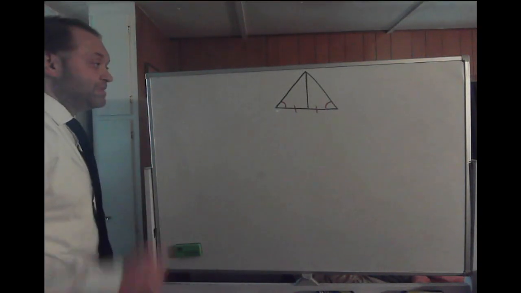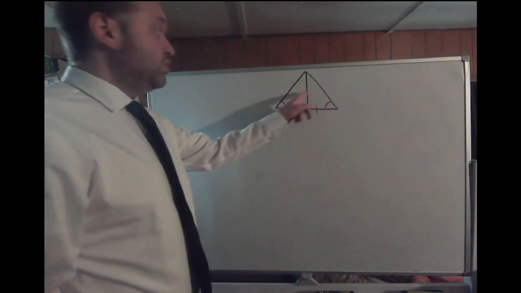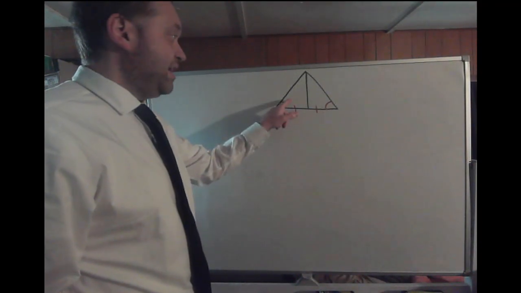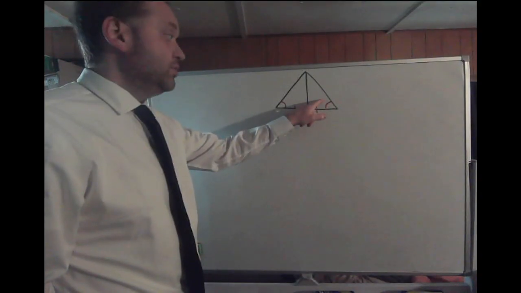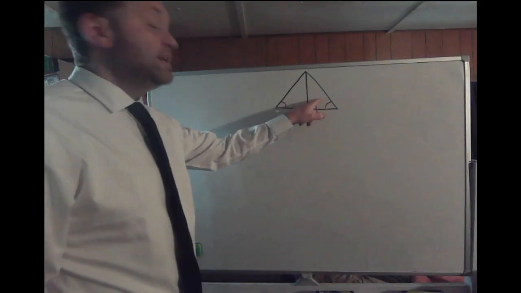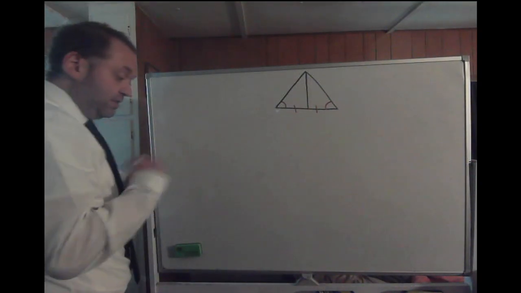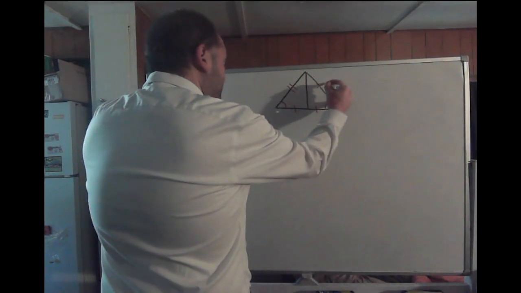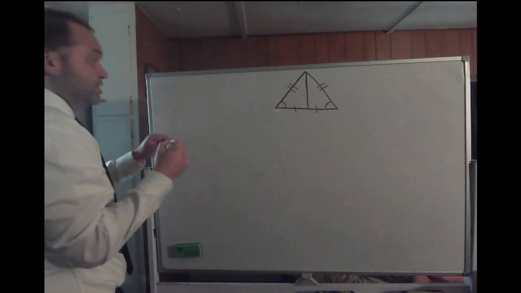However, let's consider the whole triangle, not split into two, but as one triangle. We have both of these opposite angles congruent, right? We can apply the isosceles triangle theorem to use the fact that both of the opposite sides are congruent to each other.